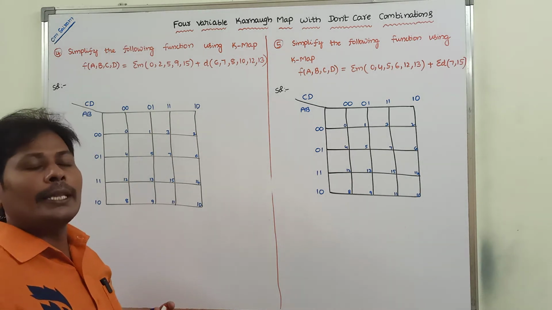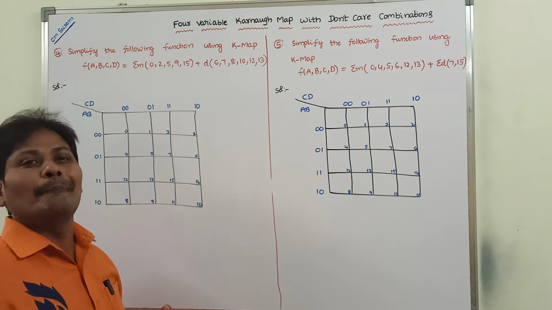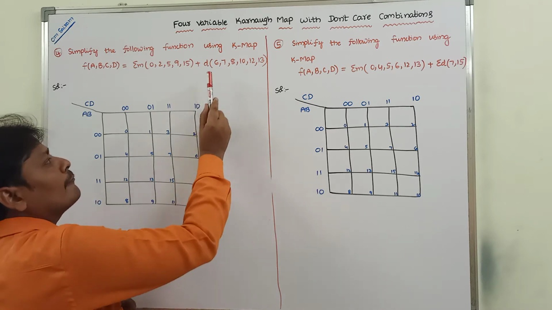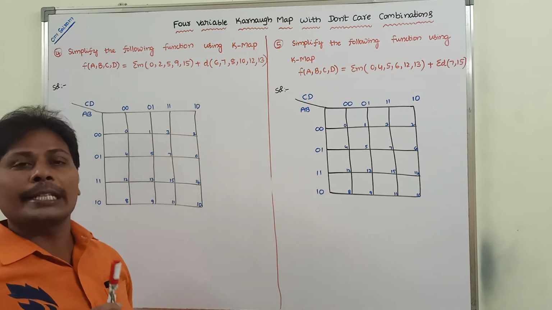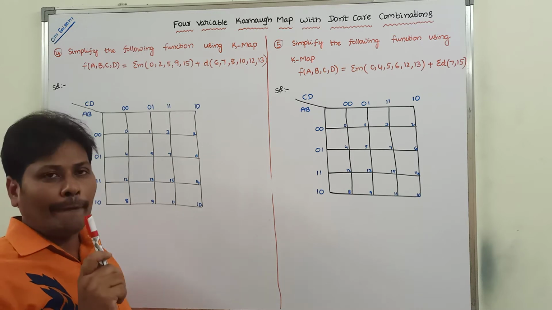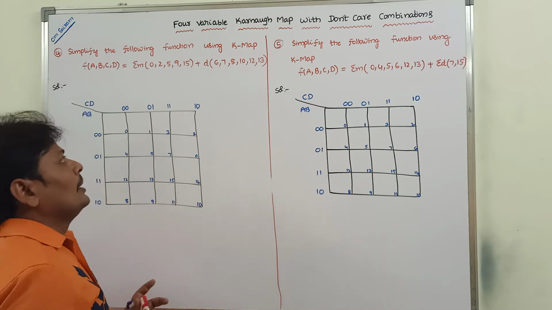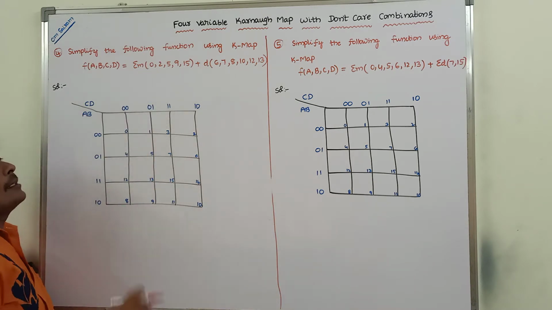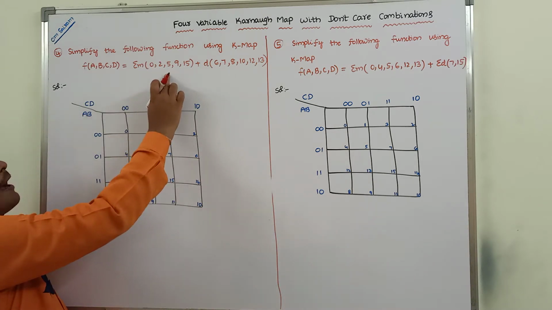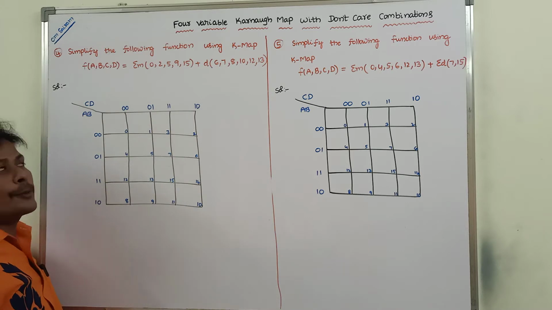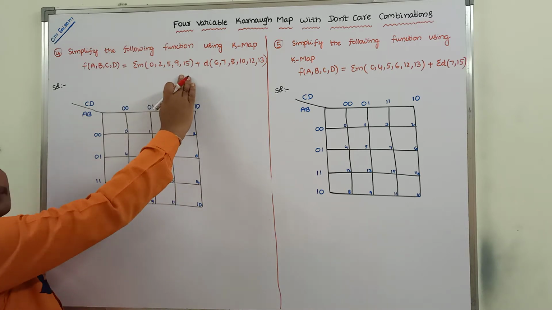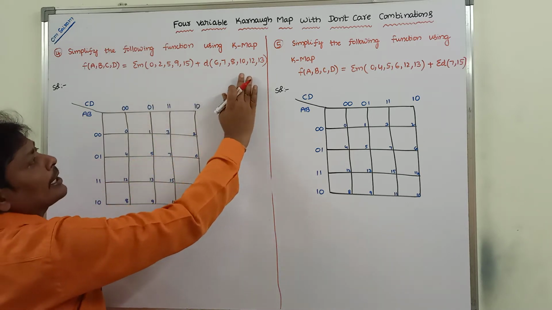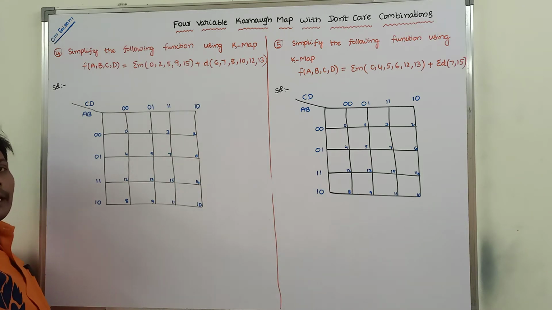In the case of sum of minterms, each and every don't care combination can be treated as 1. Now what minterms are given? 0, 2, 5, 9, 15. So these are the 5 minterms given, and 6 don't care combinations are given.